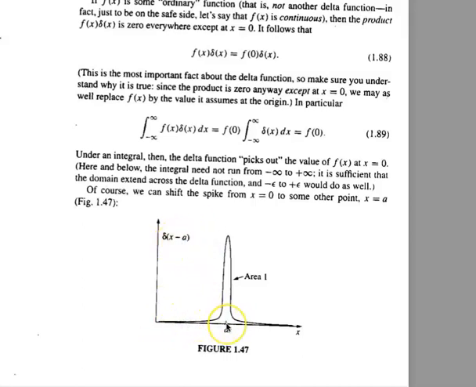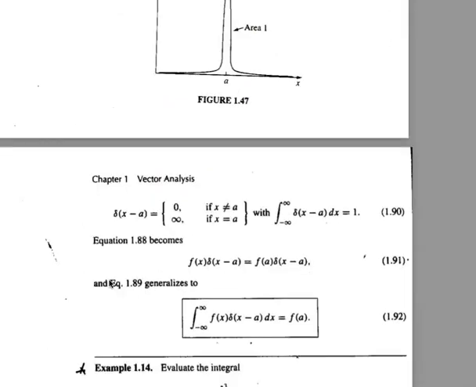It's only at x equals a that suddenly it's a hugely large function, infinite as we say. And the integral then will have some finite value if a is within the range of integration. Let me go there and show that to you.